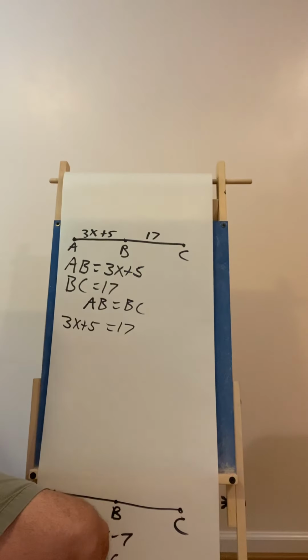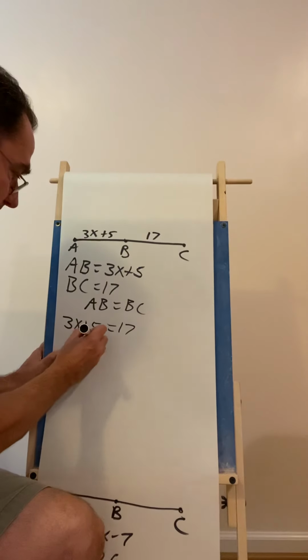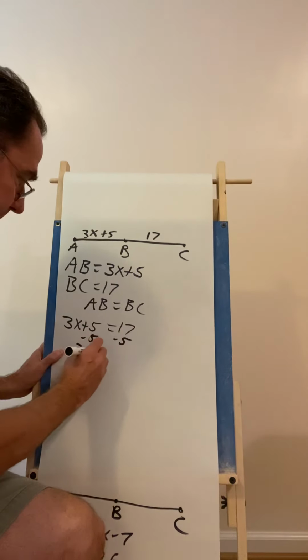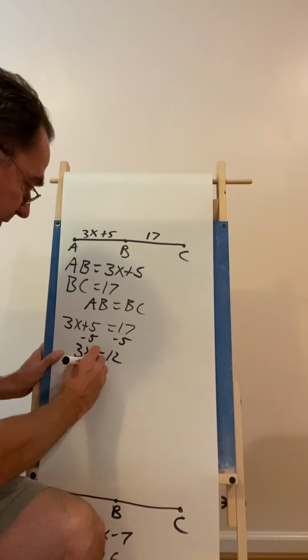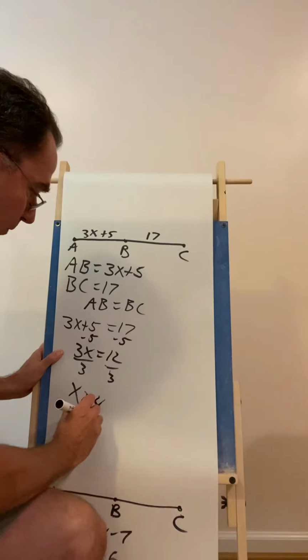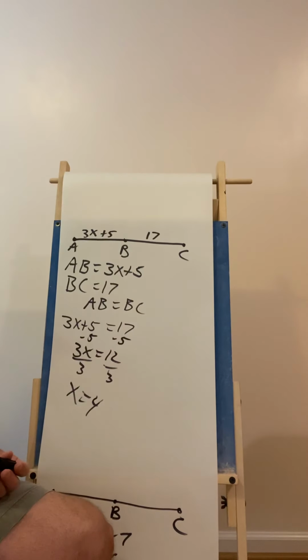That's the geometry coming into play right there, setting up the equation. Well, let's minus 5. 3x is equal to 12, divide by 3, x equals 4. And sure enough, if I plug that x equal to 4 in, I get 17.